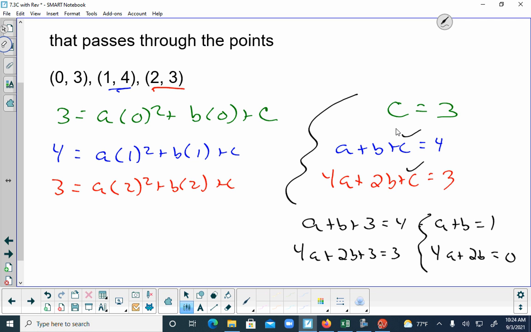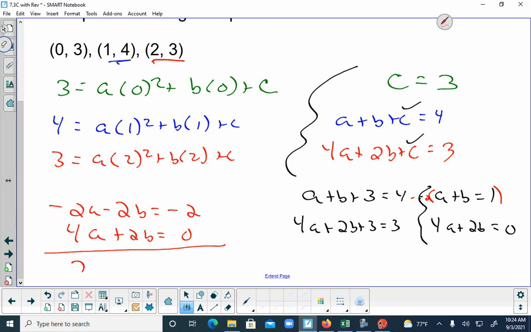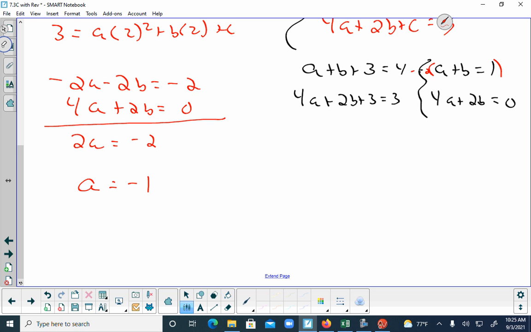Yes? So now if I'm going to do elimination, I would probably multiply this one by a -2. So I'm going to have -2a minus 2b is equal to -2. And then I'm going to have 4a plus 2b is equal to 0. When I do this, I'm going to have 2a is equal to -2. So a is equal to -1.